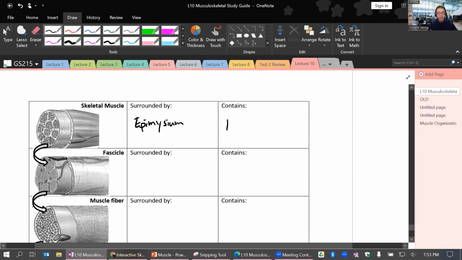The entire muscle is made up of groups of fascicles. Here you can see we take a fascicle and pull it out. The fascicle is surrounded by the perimysium. And each fascicle contains multiple muscle fibers, or muscle cells.